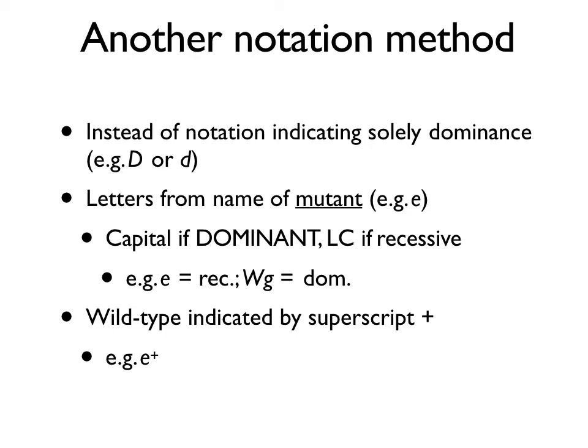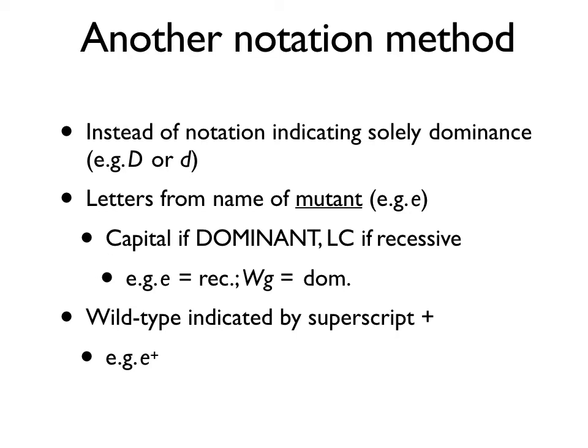Referring back to the new term I've introduced to you, wild type, frequently a wild type allele will be indicated by a superscript plus. So in a particular genotype, you might see E plus, so they're homozygous for the wild type allele, or just EE with no plus sign, they're homozygous for a mutant allele, or heterozygous would be E plus and E. So you may see these different notations in the textbook and the problems at the end of the chapter, which are always useful, and in some of the online materials that I'll have you working through.